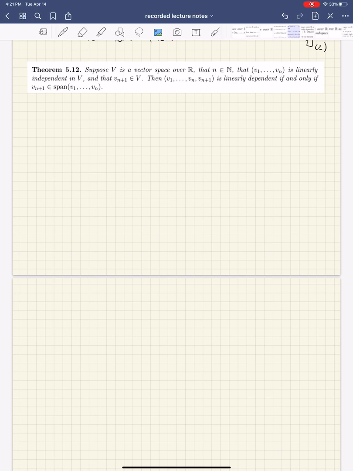Now we want to analyze the tuple where we adjoin Vn plus 1 to this linearly independent tuple V1 through Vn. We say this is linearly dependent if and only if this element I attached is in the span of the ones before. Here you can see the first time we are relating linear dependence with the span.